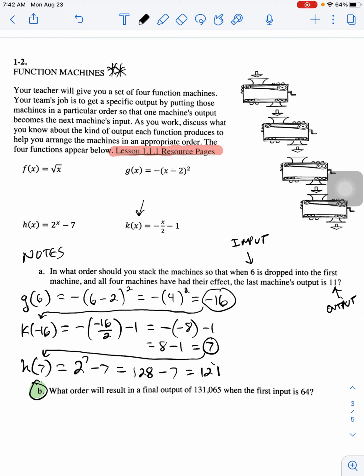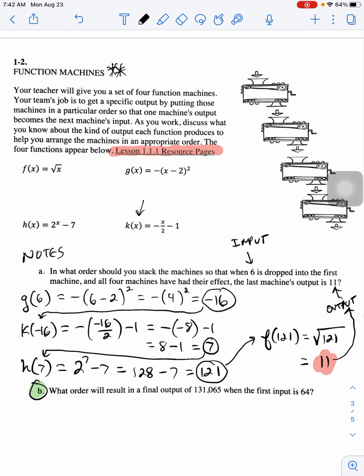Okay, so now I'm going to take the 121 and plug into f. So I do f of 121, which is going to be the square root of 121, and then I get 11, which is what I want, okay? Because that was the whole purpose of the directions in the problem.